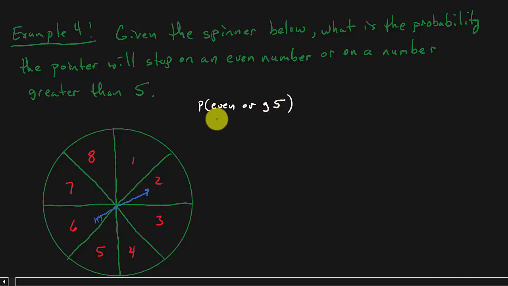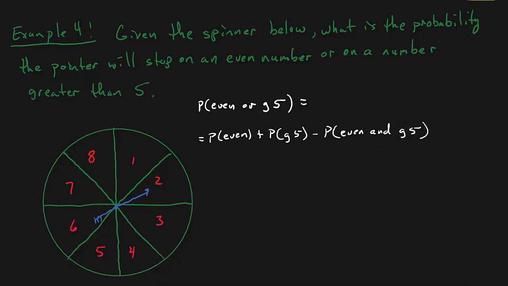So the probability even or greater than 5 is the probability even plus the probability greater than 5 minus the probability even and greater than 5. All right, so there's our formula written out.